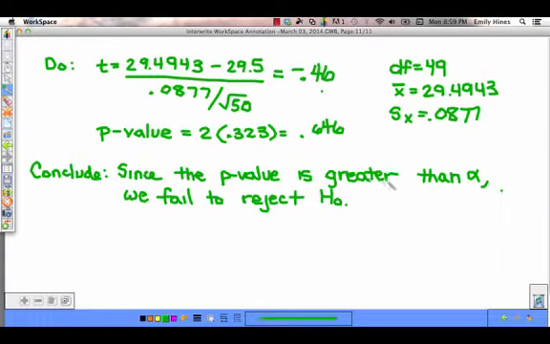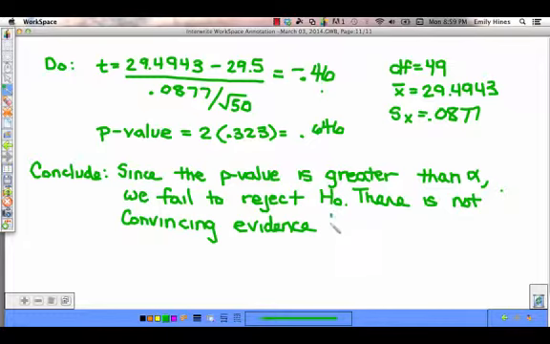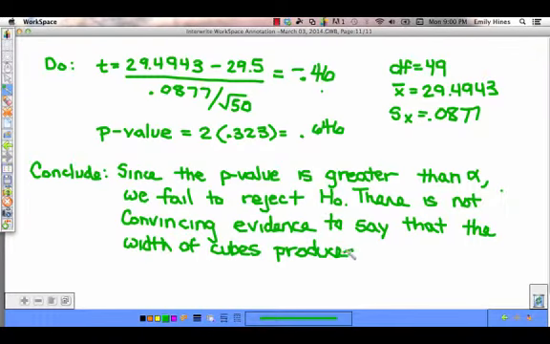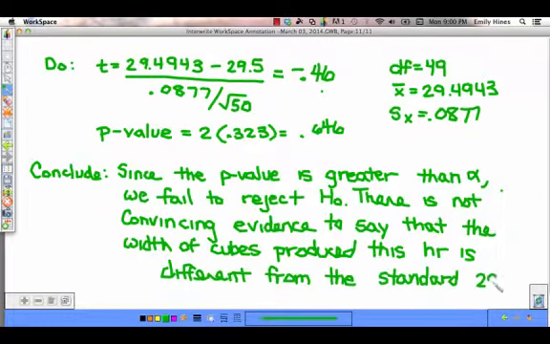There is not convincing evidence to say that the width of the plastic cubes produced this hour is different from the standard 29.5 millimeters.